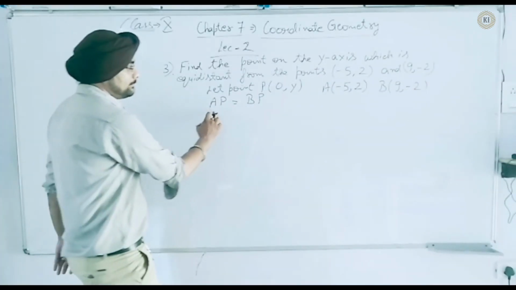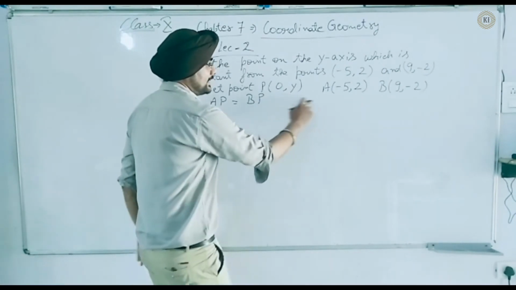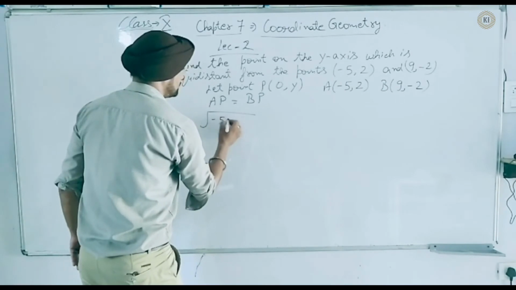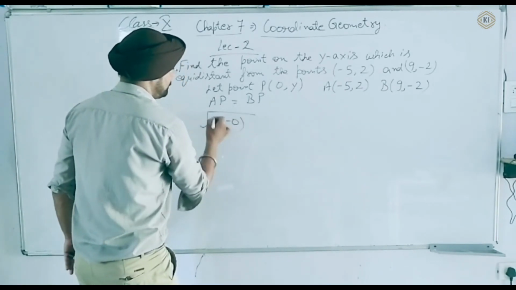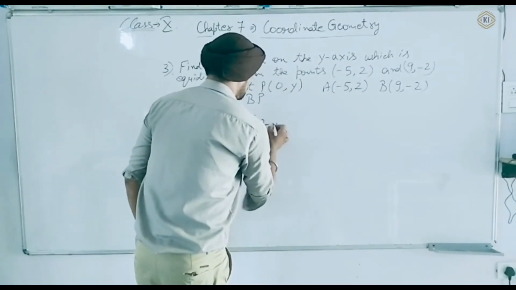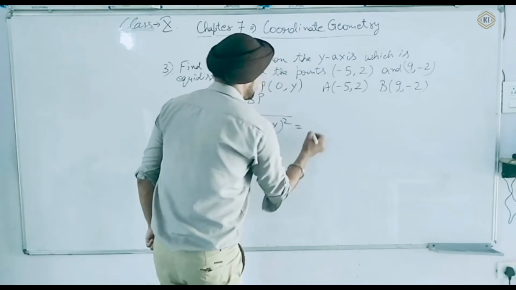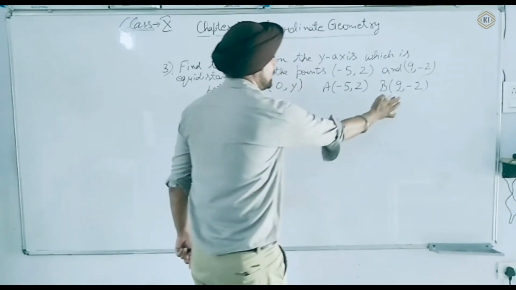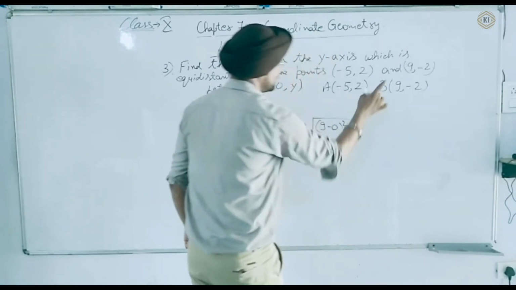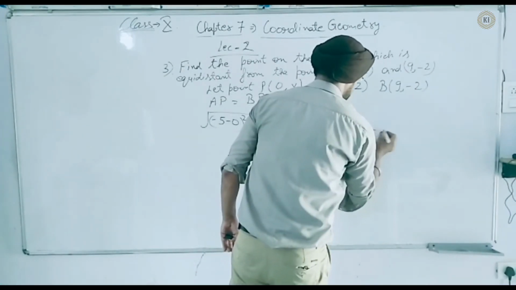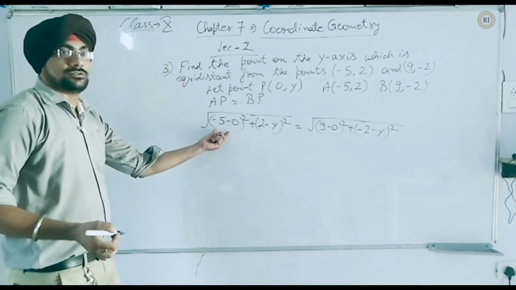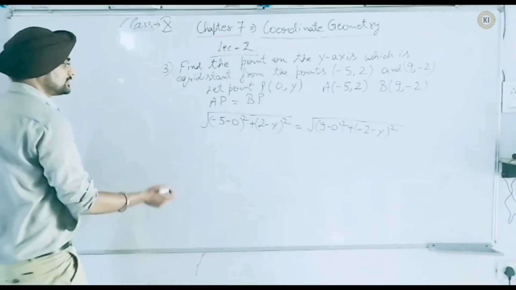So now calculate AP. This is x1, y1 and this is x2, y2. So under root, minus 5 minus 0 whole square plus 2 minus y whole square. This side is equal to under root, 9 minus 0 whole square plus minus 2 minus y whole square. Now here minus 5 minus 0 is minus 5, square is 25.